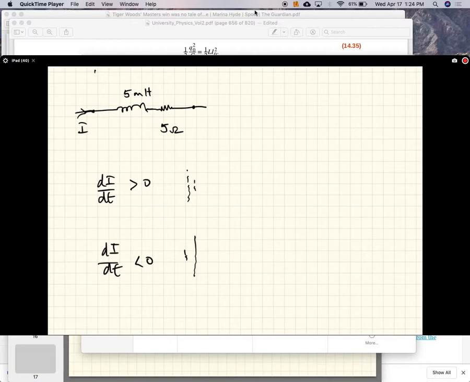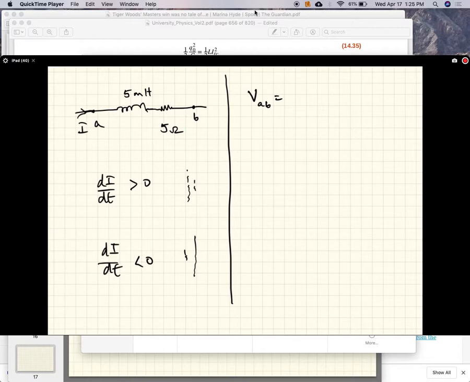All right. Now, what we are trying to find is the voltage across this piece of equipment, the EMF across the inductor. So the voltage AB is, the current is flowing in this direction, so across the resistor the potential is falling.